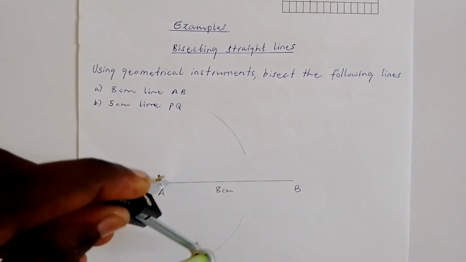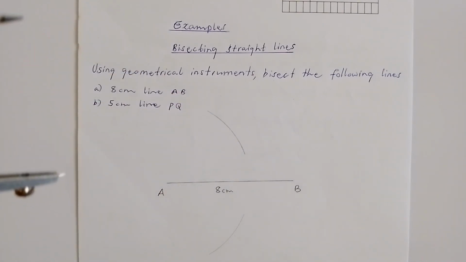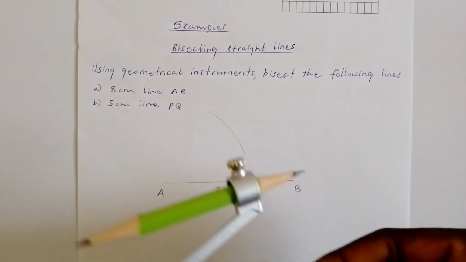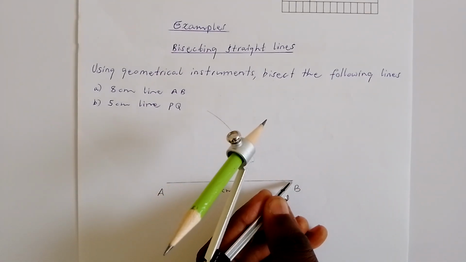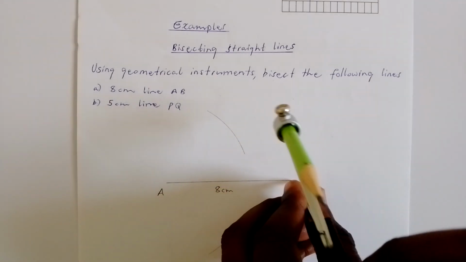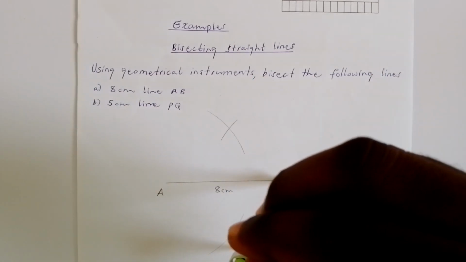Now that I've constructed these two arcs, without changing my radius, the same radius should be maintained. I now go and fix it at another end here, like that. Again, you construct an arc like this.